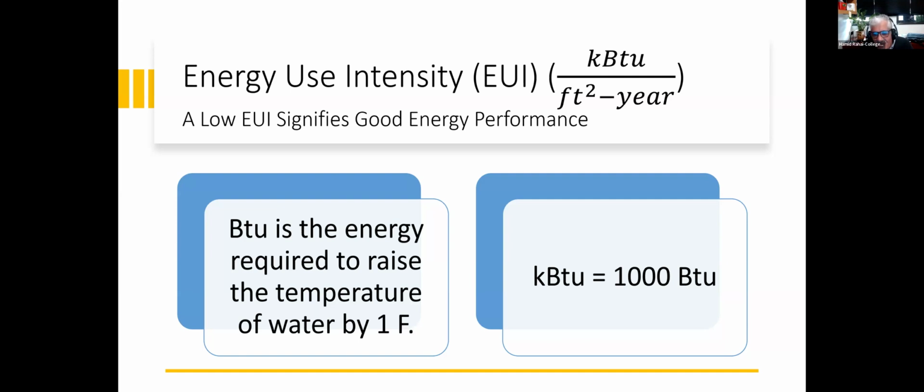That's the definition of the BTU. Kilo BTU is 1000 BTU. Then you calculate this for 1 year annually, and divide by the square footage of the building. That is the energy use intensity. That's how you calculate that. And that gives you an idea of whether your building meets the performance that you need in order to have a good energy performance.